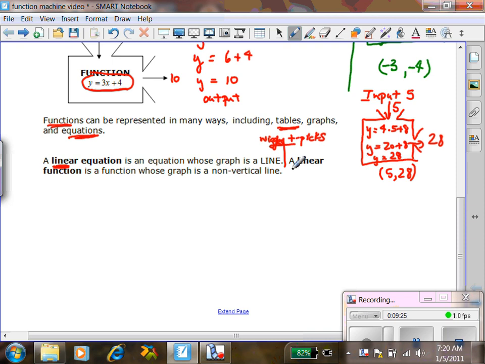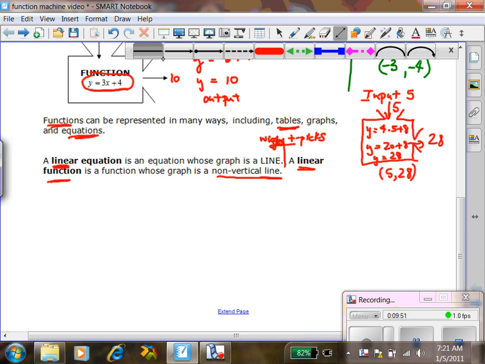So a linear function is a function, which could be an equation or a rule or a table or a graph. It has a graph that is what's called a non-vertical line. So that means a linear function can be any kind of line except this. Oh my goodness, that was a terrible line. Let's do this.